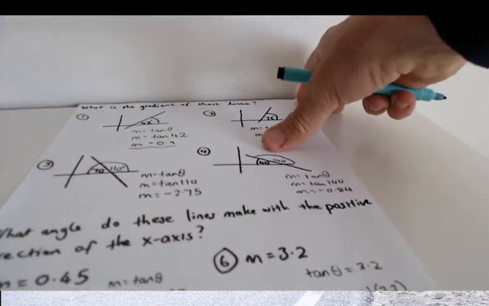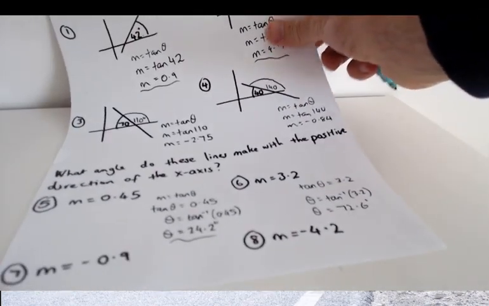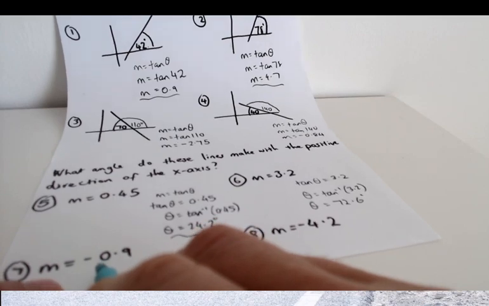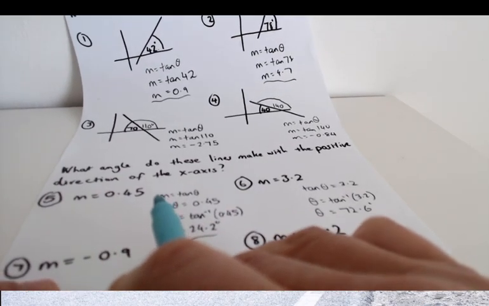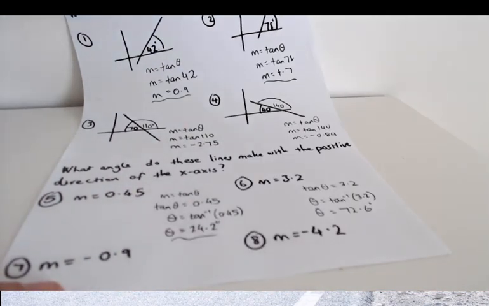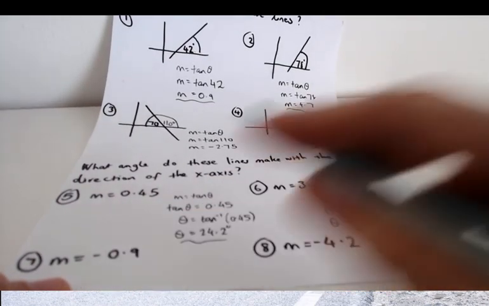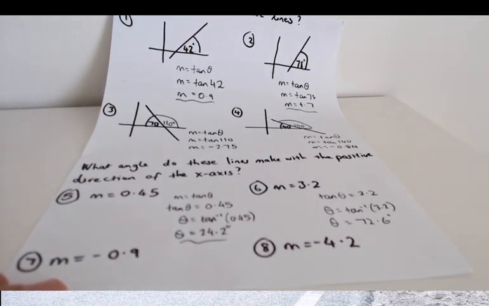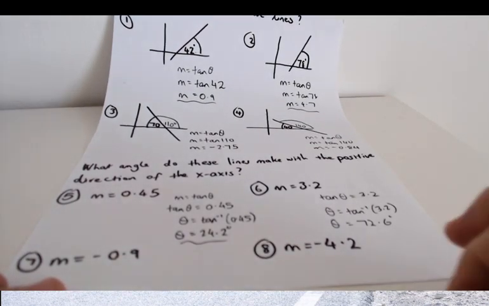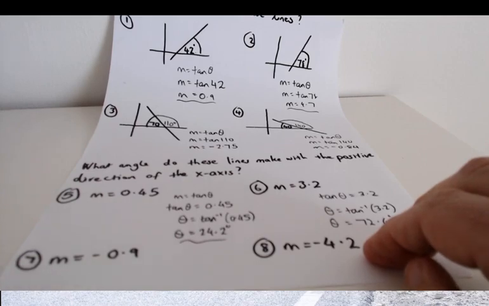Right, the last two, the trickiest ones. You've been given the gradient of a negative line, sloping down. Remember what we did here. We're going to use the cast diagram, so we're going to forget about the fact that you actually have a negative gradient, and use the cast diagram to sort that out for us in a little minute.